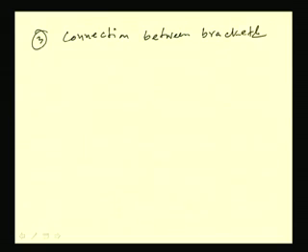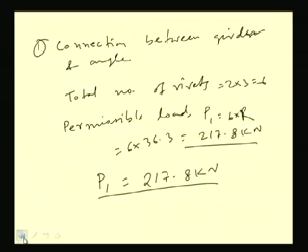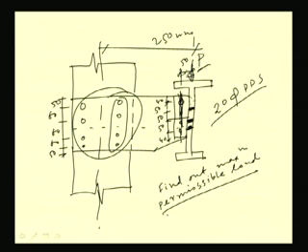So, the third one will be the connection between bracket and column. If we see the diagram, there are 4 number of rivets in each row.